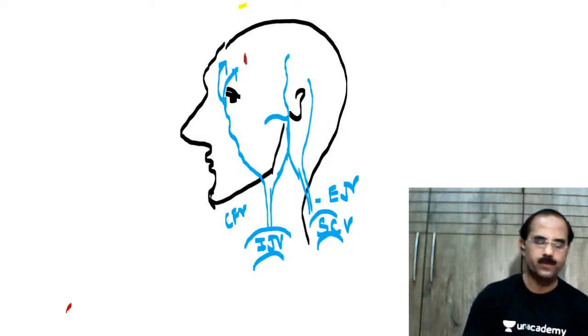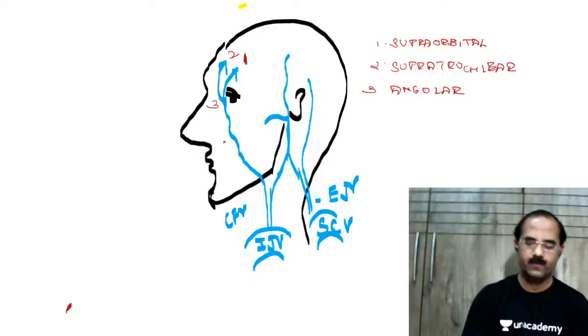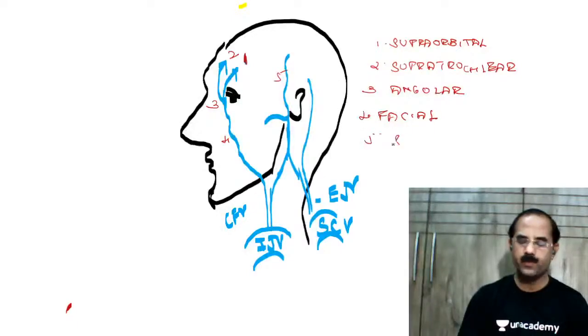This one is the supraorbital. Two is the supratrochlear. 3 is the angular vein. 4 is the facial vein. 5 is the superficial temporal. 6 is the maxillary vein.